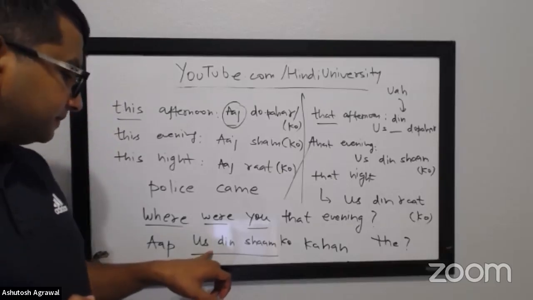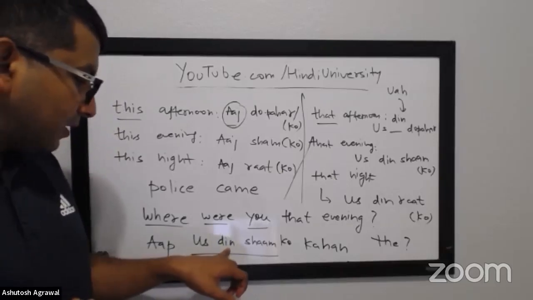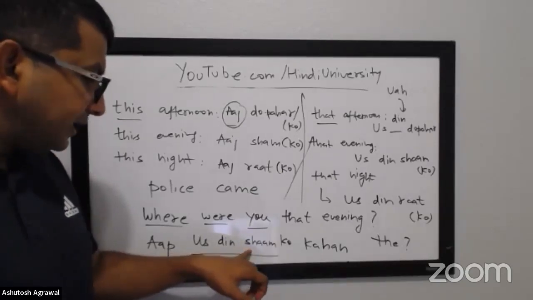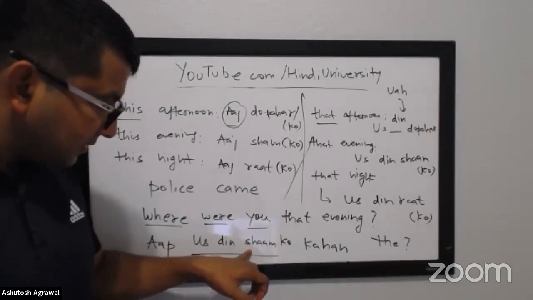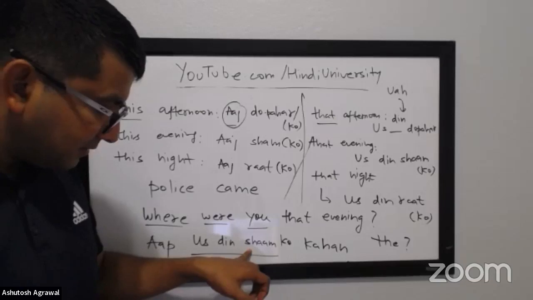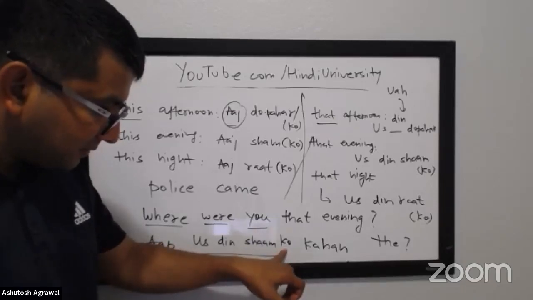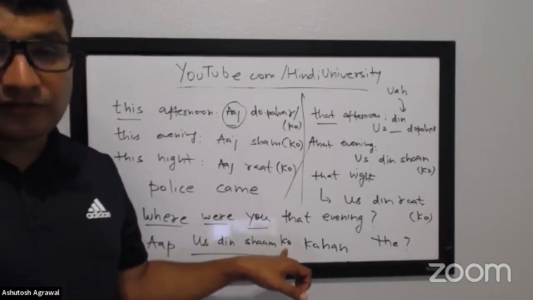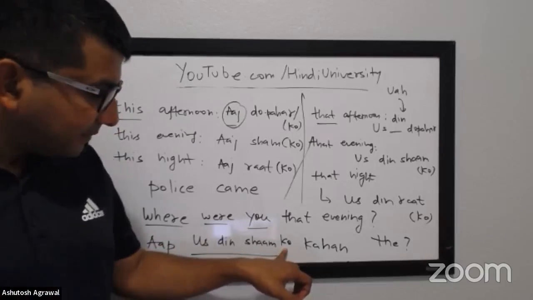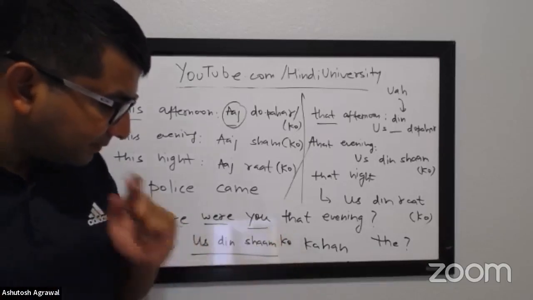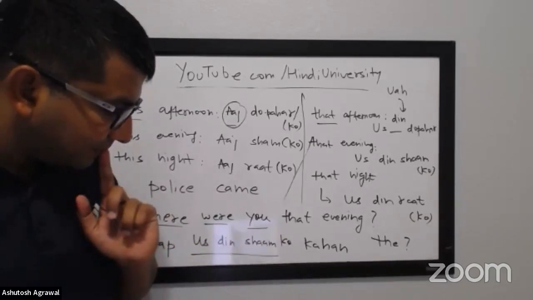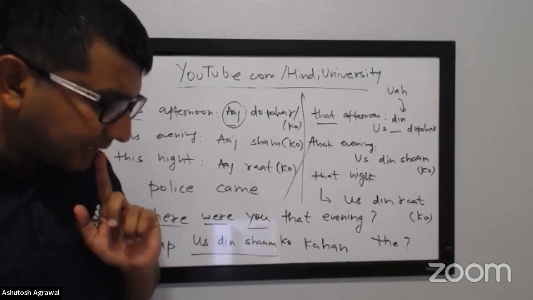So this one, like उस दिन शाम को, that evening, night. So that goes into the oblique because it's like the night of that day. Yes, night of that day. Okay, so the night of that day, that makes it a postposition, and then it goes to उस. That is correct. That's correct.